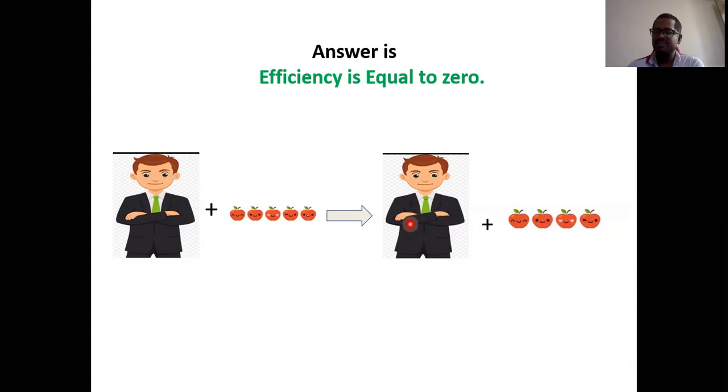In that case, is there any chance of completing the task? No chance, because initially he has 0 energy. Once he is unable to utilize the energy, he cannot move from Eluru to Vijayawada. So what is the output here? 0. Once the output is 0, what is the efficiency here? 0. So like this, we can understand our previous example.